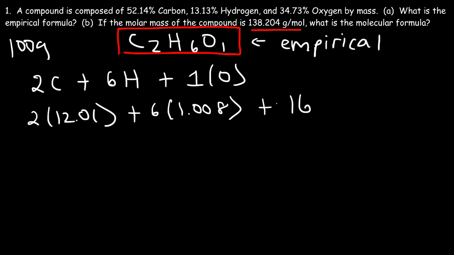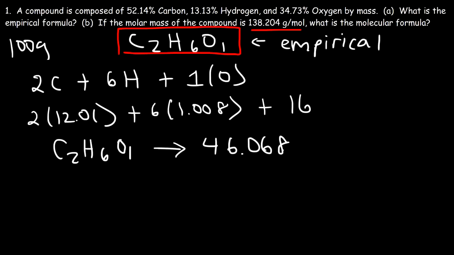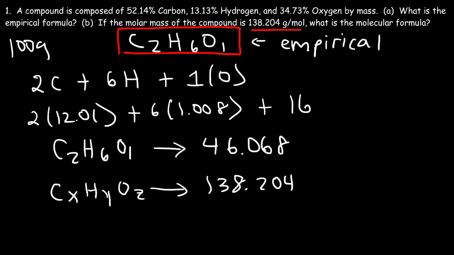So the molar mass of C2H6O1 is 46.068. So now we need to know what molecular formula corresponds to a molar mass of 138.204. So what you need to do is take the larger number and divide it by the small number.